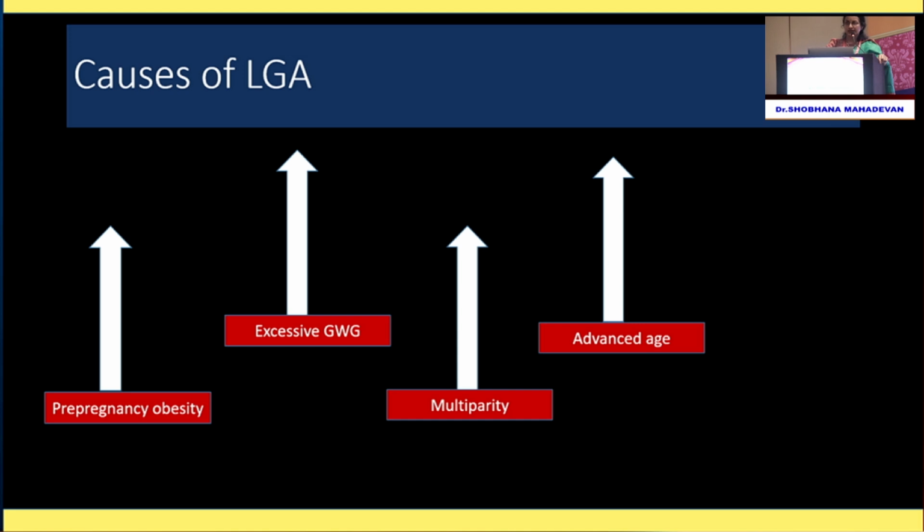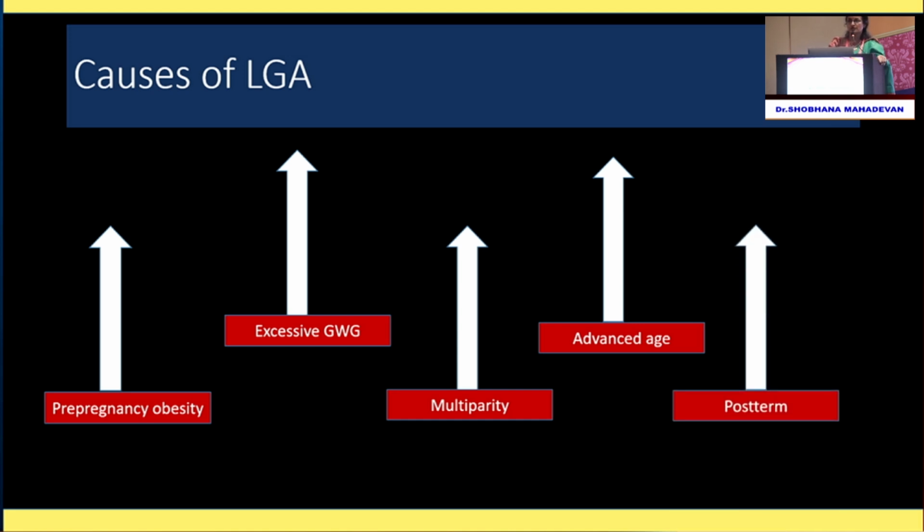Most of them are sedentary and they tend to gain a lot of weight, and this is an important contribution to an LGA baby. Post-term pregnancies, like Dr. Uma pointed out, previously most of the guidances used to say induce them late, and there is definitely a rise in the baby's weight when you go beyond 40 or 41 weeks. But a good proportion of LGA babies have no identifiable cause. This is where we are going to get stuck, and it's a tricky situation.